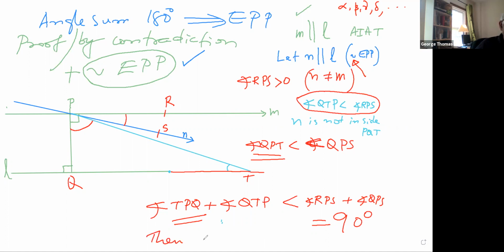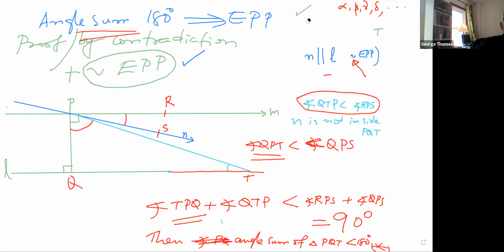Then the angle sum of triangle PQT is less than 180, and that contradicts this here. So let me go over this one more time.